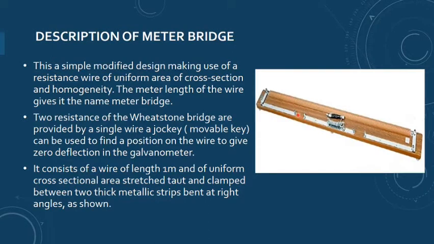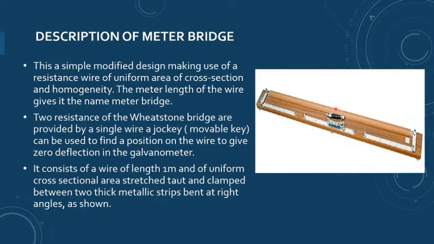Now this is one terminal, these are two terminals, and along this you will be joining your resistance box, and here you will be joining your unknown resistance wire. In the center there is also a terminal from where we connect the galvanometer, and with that the jockey is connected, and then we move it.